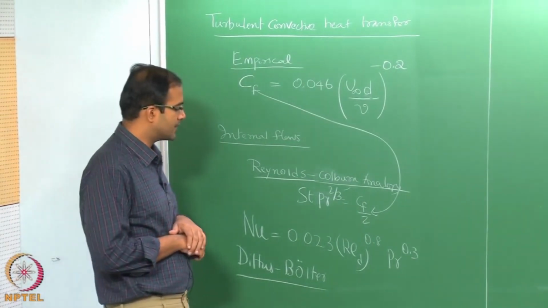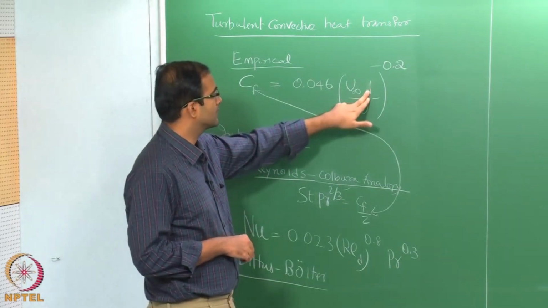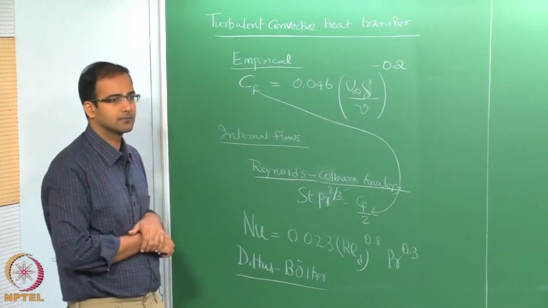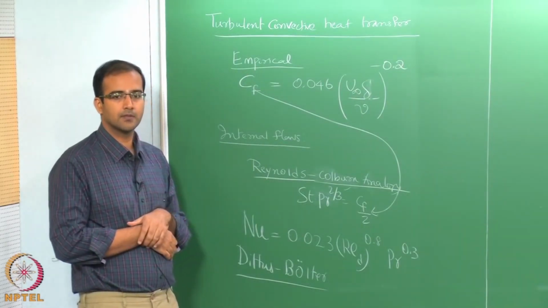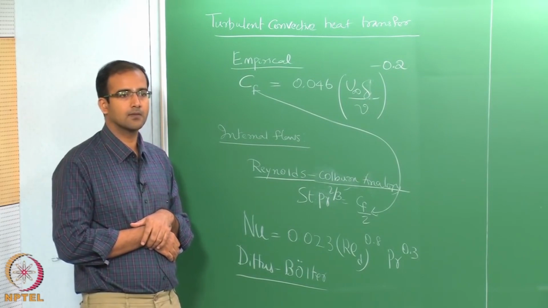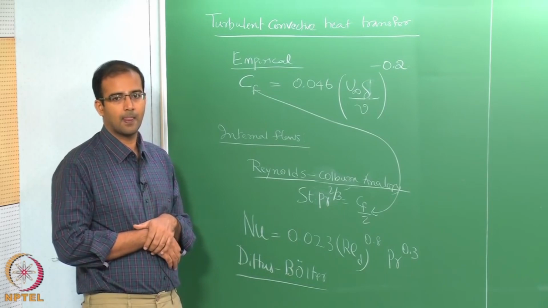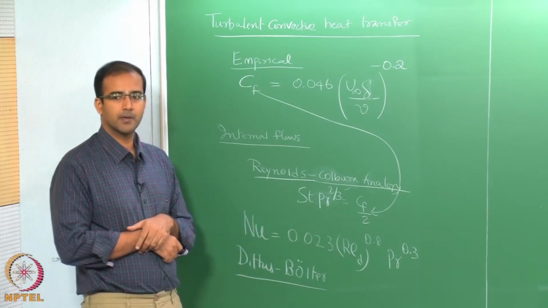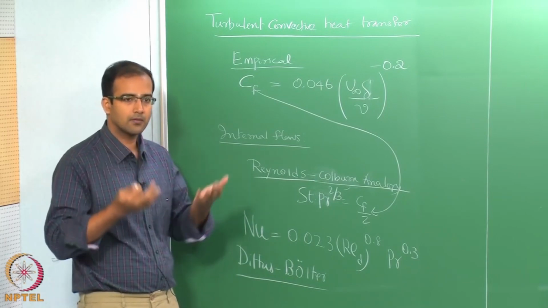So, now for the external flows, however, you have the boundary layer thickness delta, right, which has to be first determined, because we know that in external flows the boundary layer thickness delta itself is a function of Reynolds number. So, therefore, we cannot simply define Reynolds number based on delta and stop here. How do we do this?